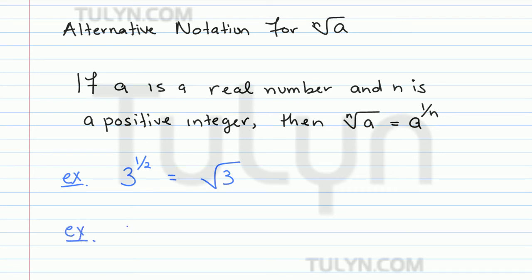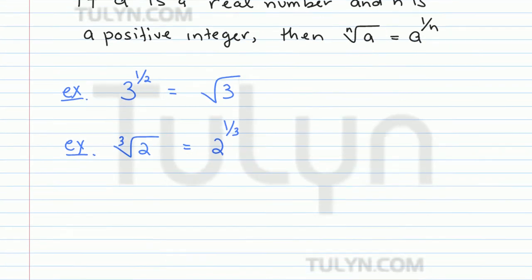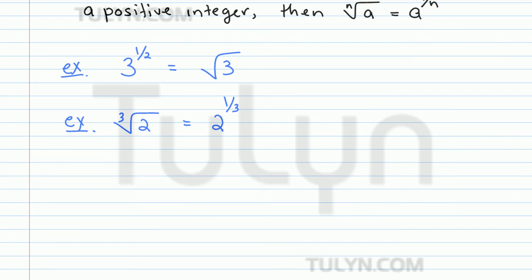Or if, for example, I give you the cube root of 2, then you can rewrite that as 2 to the 1/3 power, right? So as it turns out, there's also an alternative notation for the nth root of a to the m.